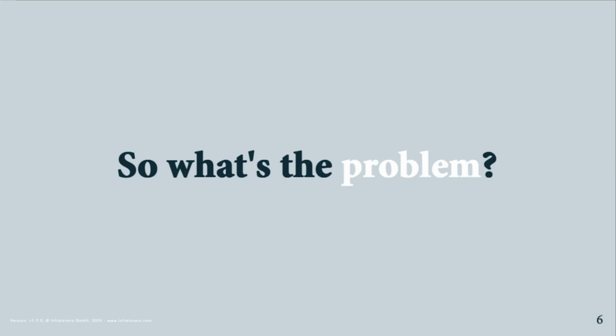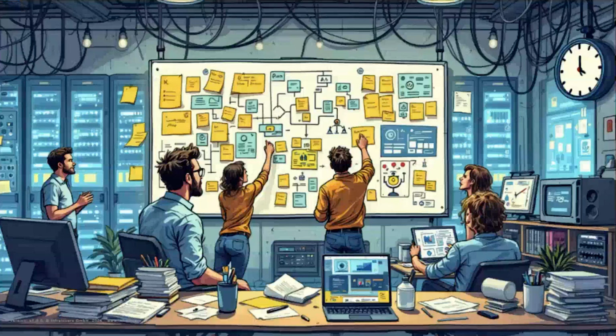So again, what's the problem we are trying to solve with AI in DevOps? Well, let's take, for example, a manual or error-prone process, as we can't really say that everyone is on the same track with DevOps processes.